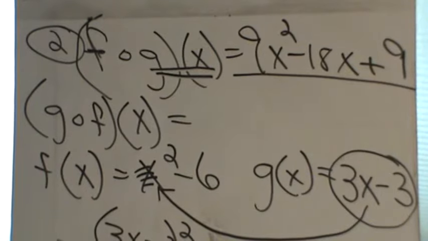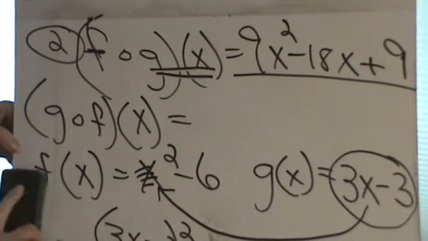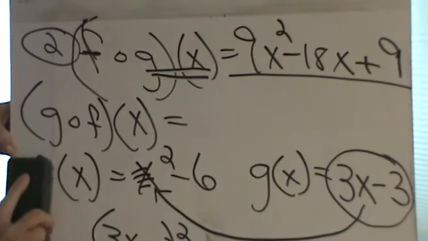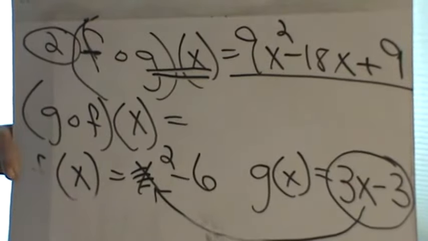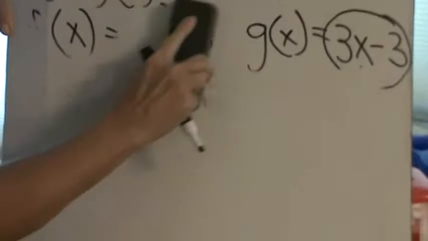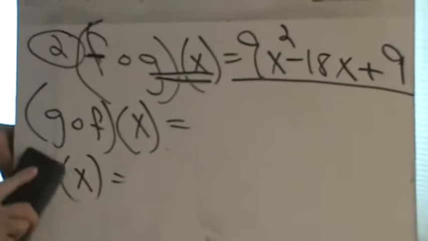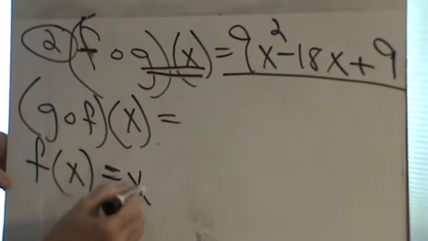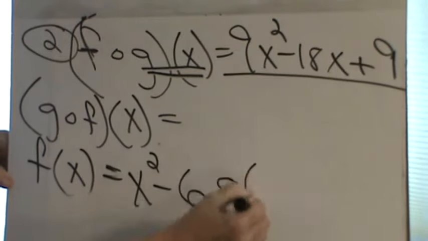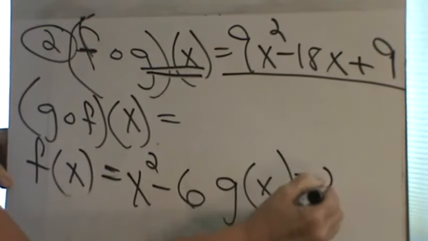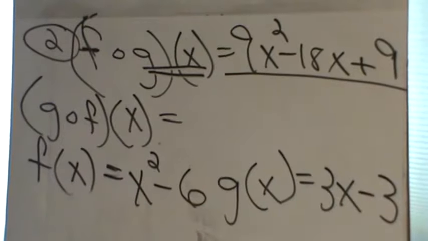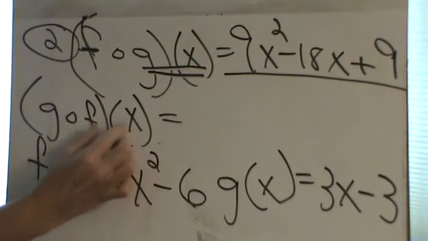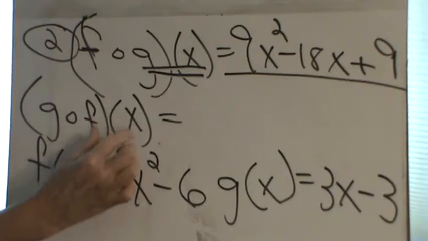And again, they're asking you to do this again, but with g of f of x. So take your same 2 functions, the most inside function tells you what to start with.